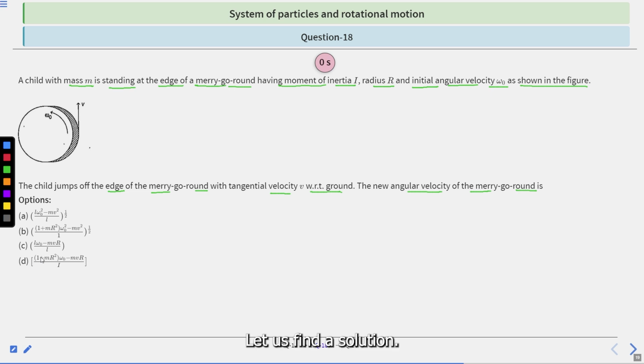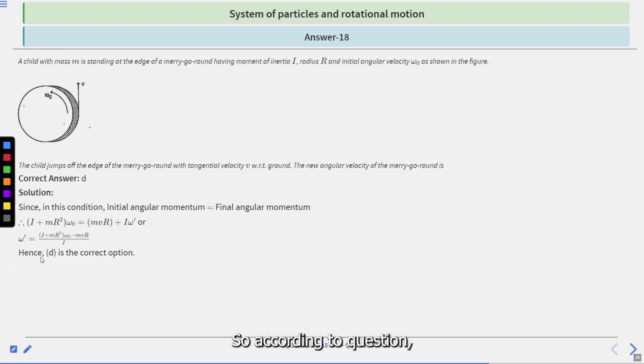Let's find a solution. According to the question, in this condition, the initial angular momentum is equal to the final angular momentum.